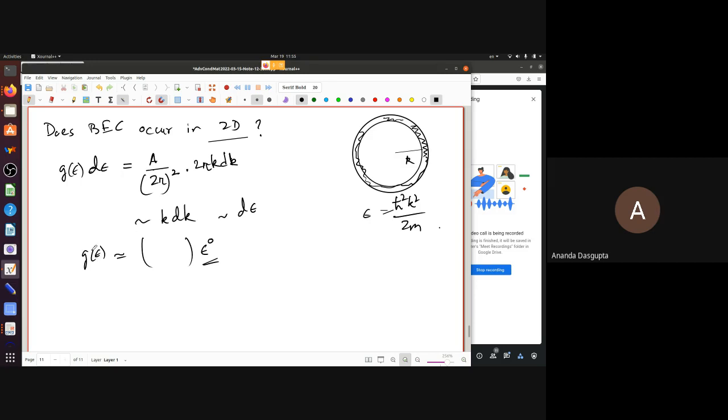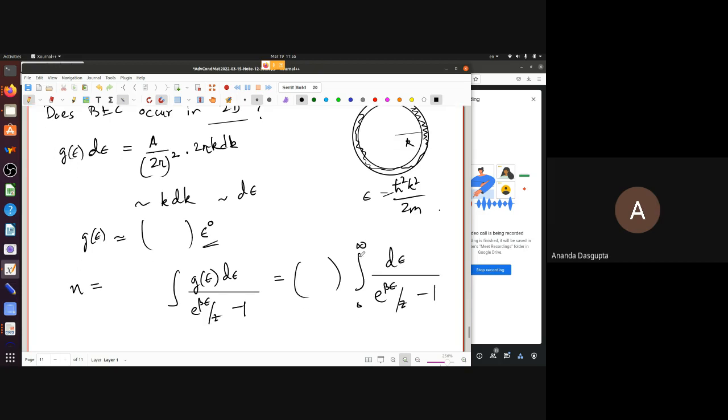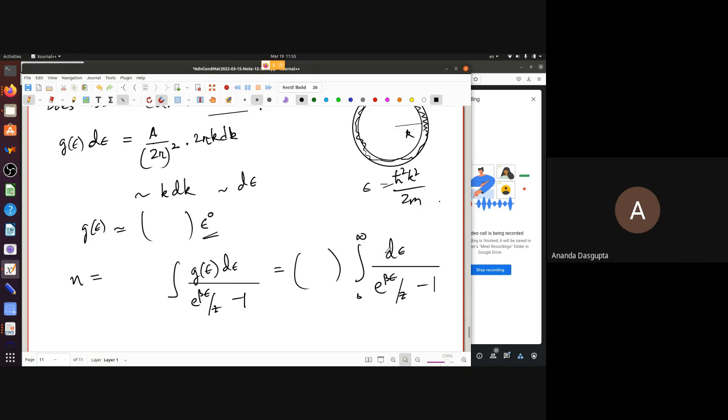Now, if you calculate n here, there are some bunch of constants outside, and there's no epsilon to the half here.